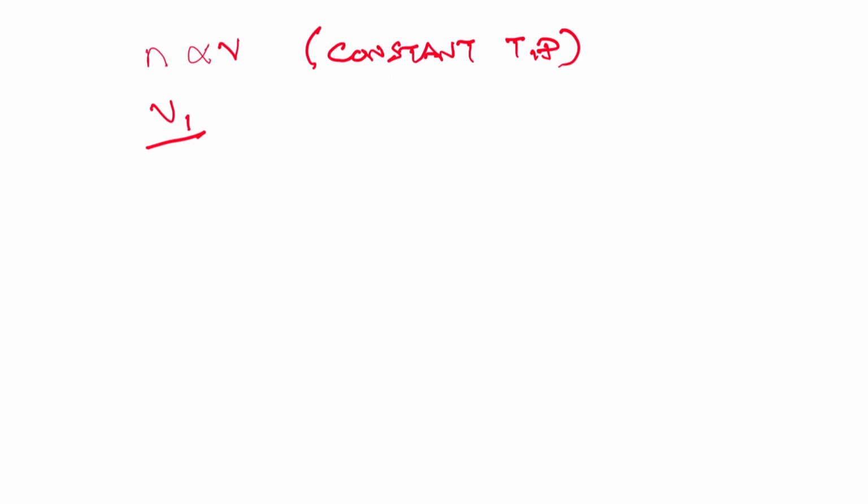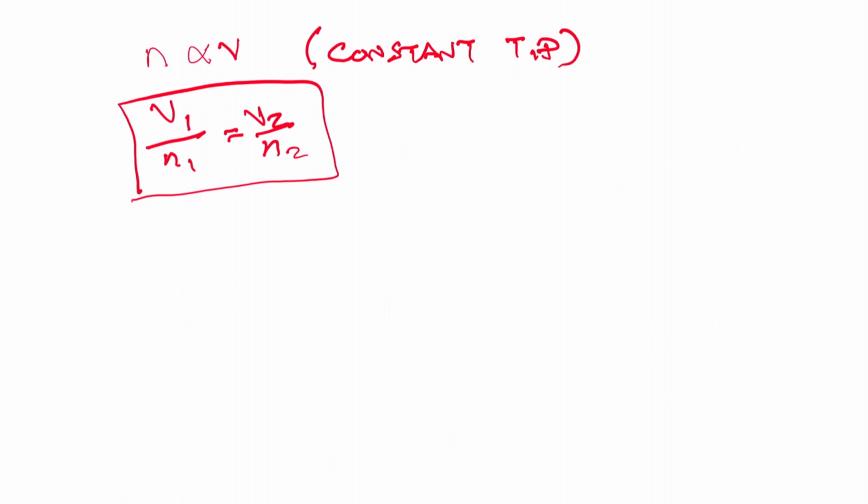So here we're changing the amount, n, and the volume, V, and we're going to keep temperature and pressure constant. Because there's a direct relationship, we can write V1 over n1 equals V2 over n2. This is one way to write Avogadro's law. In other words, if I allow mass to go in or out, but I keep the pressure and the temperature constant, the volume is going to adjust depending on how much stuff I have in here.